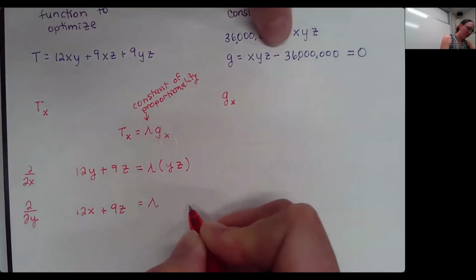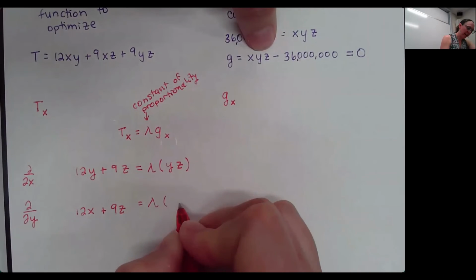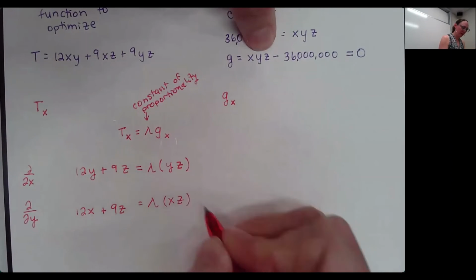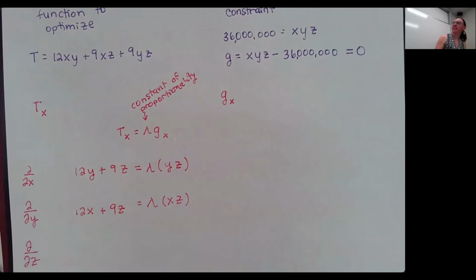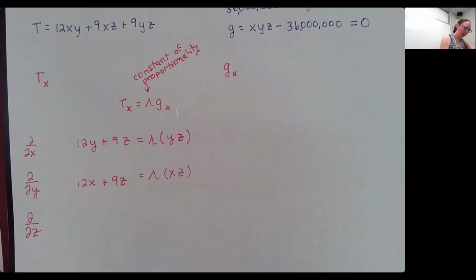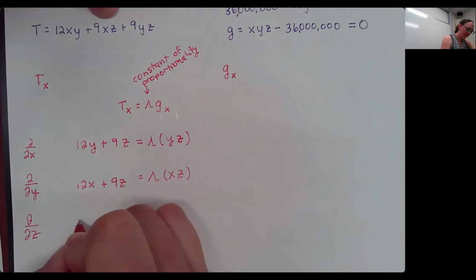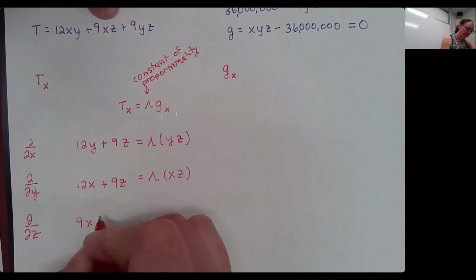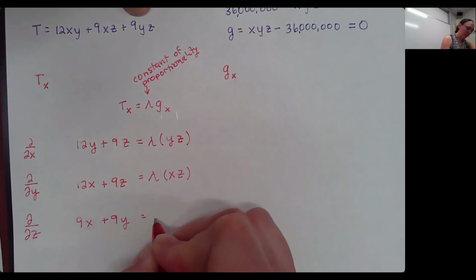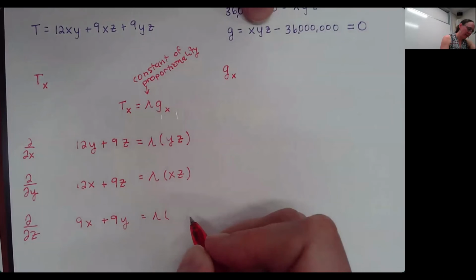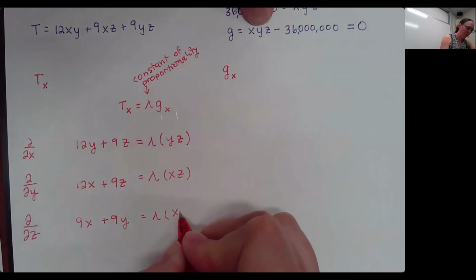And my partial of g with respect to y looks like xz. And if I match up my partials with respect to z, I'm going to end up with 9x plus 9y is equal to lambda times xy.